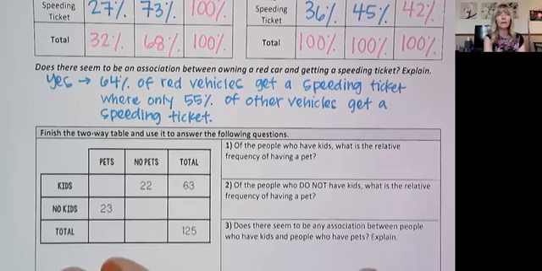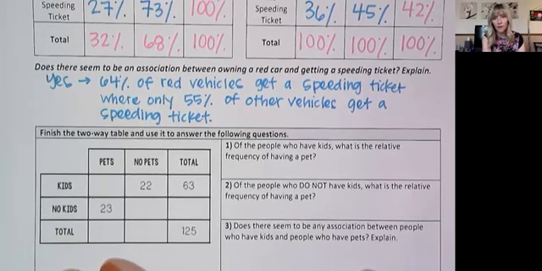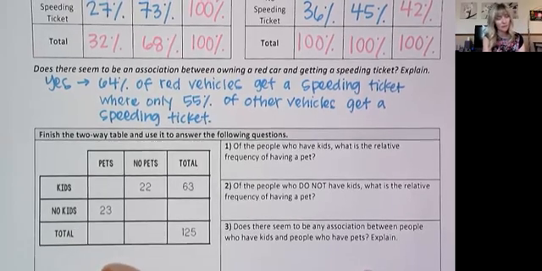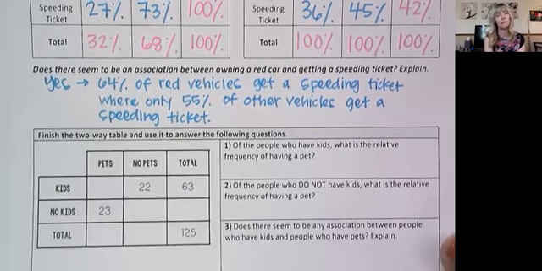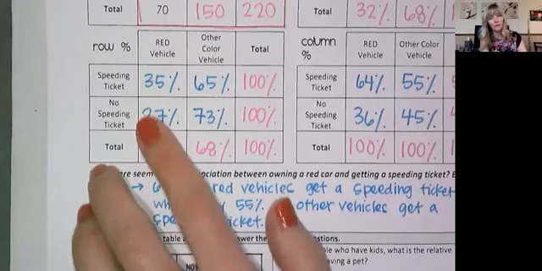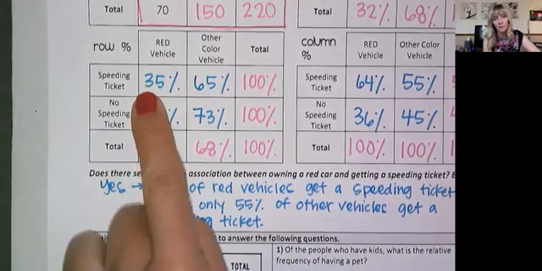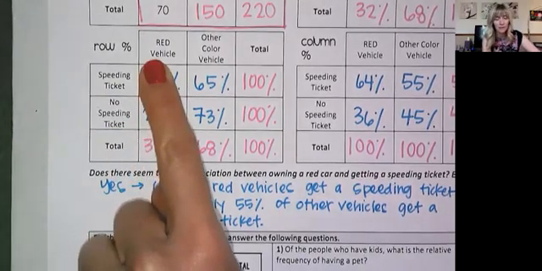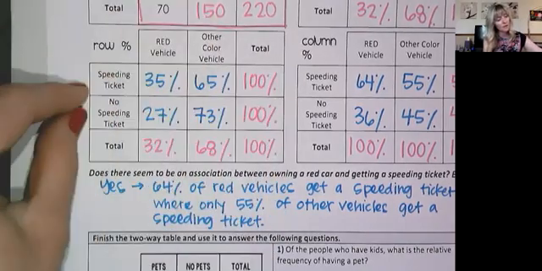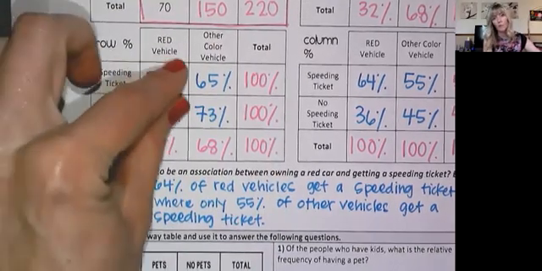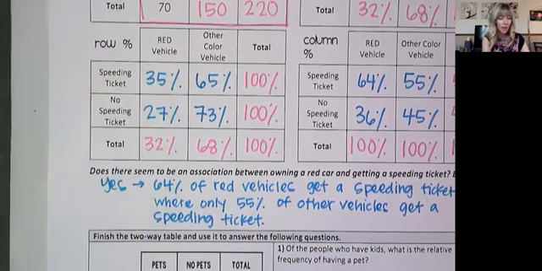Okay, so what did you think? A lot of times with these two-way frequency tables and calculating relative frequencies, you could argue it many different ways. Some of you might have looked over here and went, hey, look, of the people that get speeding tickets, only 35% of them actually have red vehicles. This is more a question of the people who get speeding tickets, what color is their vehicle, which could apply here.